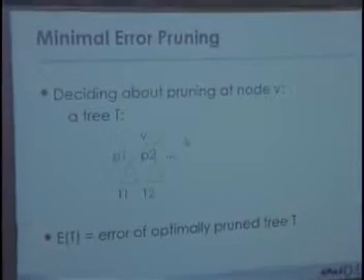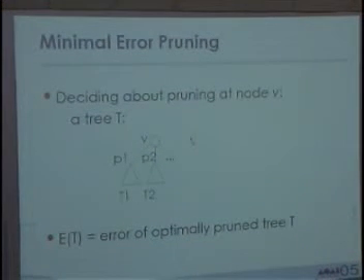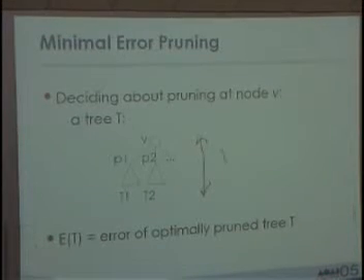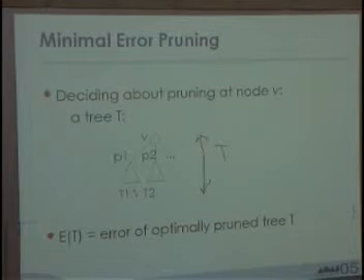This whole thing is tree T. And then we start by working on the subtrees. We prune T1. We decide that this is the best way of pruning T1. We prune T2. Maybe this is the best way of pruning T2. And then when we combine all these pruned subtrees together, we get the optimally pruned tree T. And this optimally pruned tree T will have error E of t.